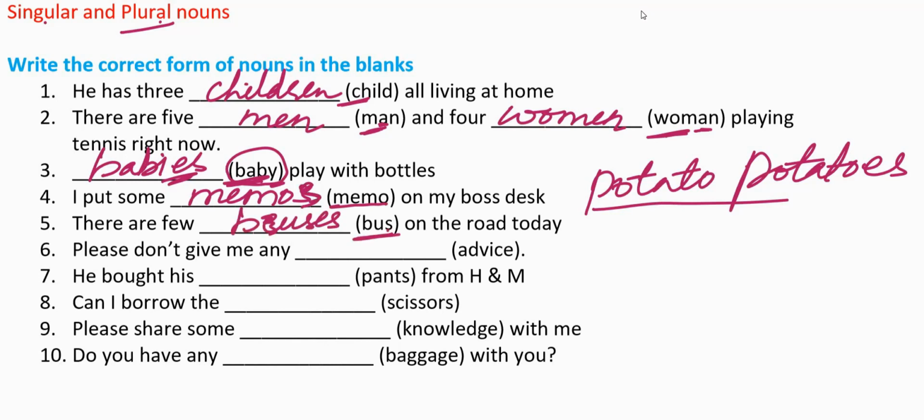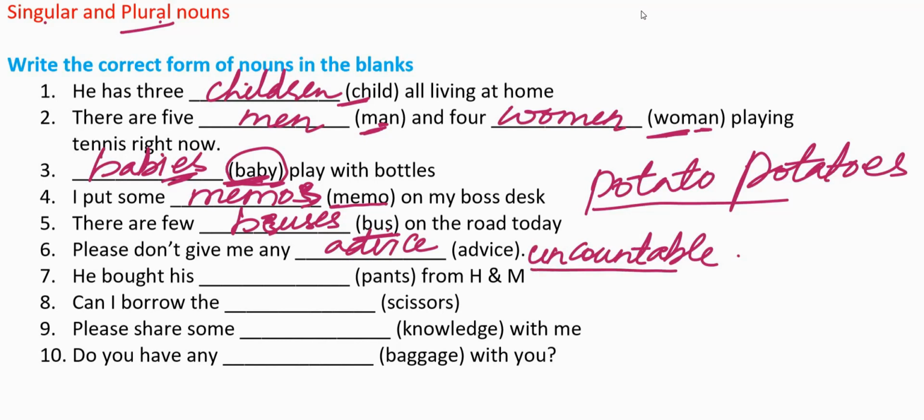Please don't give me any advice. See here, advice is an uncountable noun. You cannot count advice. You cannot say 1 advice, 2 advices, 3 advices. It is always wrong if you say so. So you use please don't give me any advice, because this is an uncountable noun and there is no plural form for this.